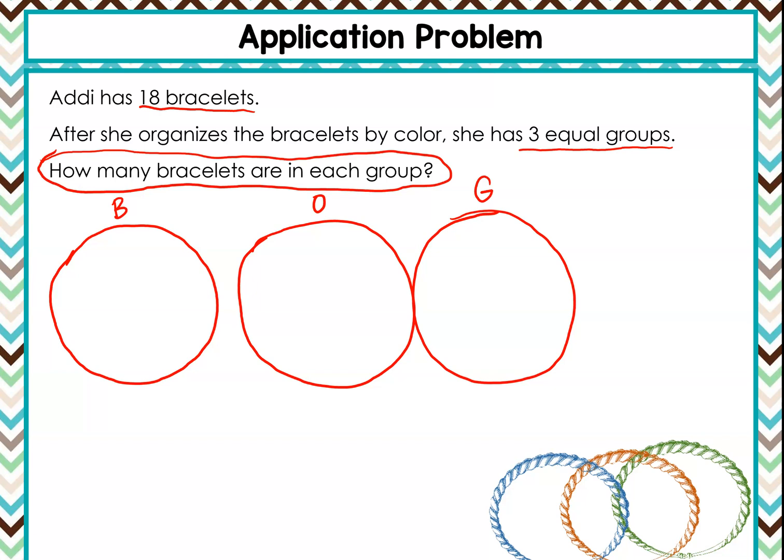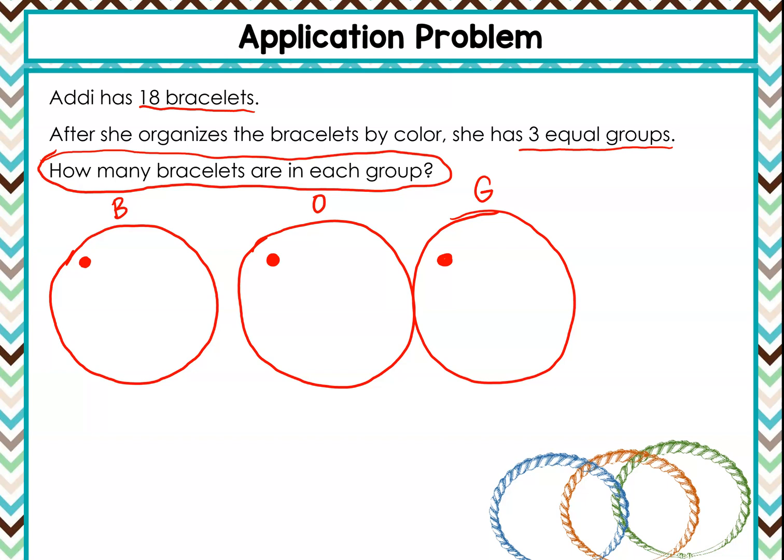We need to do the fair share method, making sure that we are taking turns putting in 1 bracelet in each group till we get to 18. So let's go ahead and start doing that. We have 1 blue, 1 orange, 1 green. I've shared them equally. So I have 3. We need to get to 18.